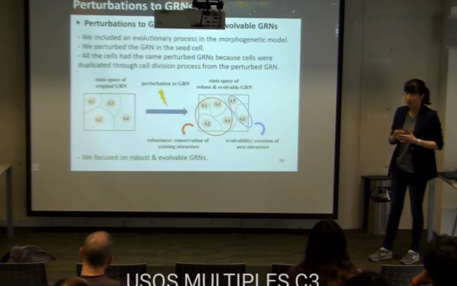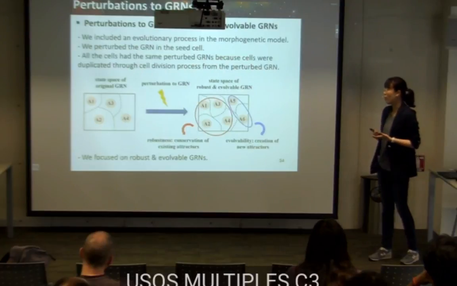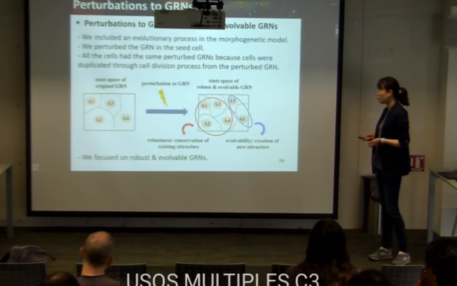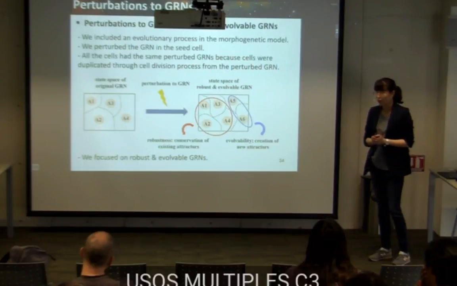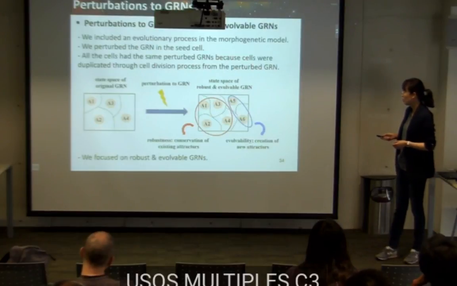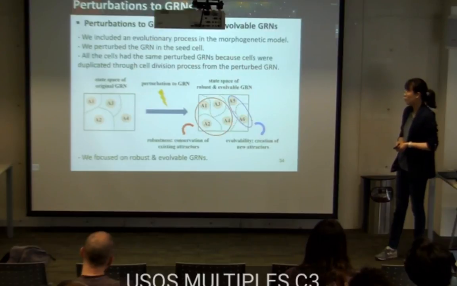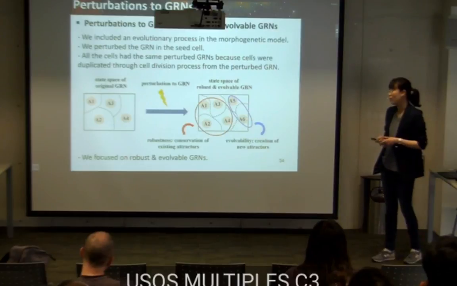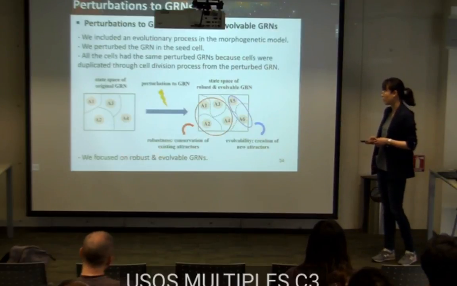Against the genetic perturbations, if the gene regulatory network conserved the existing attractors and simultaneously created new attractors, we considered it a robust and evolvable gene regulatory network. Here we focused on analyzing patterns made from robust and evolvable GRNs.